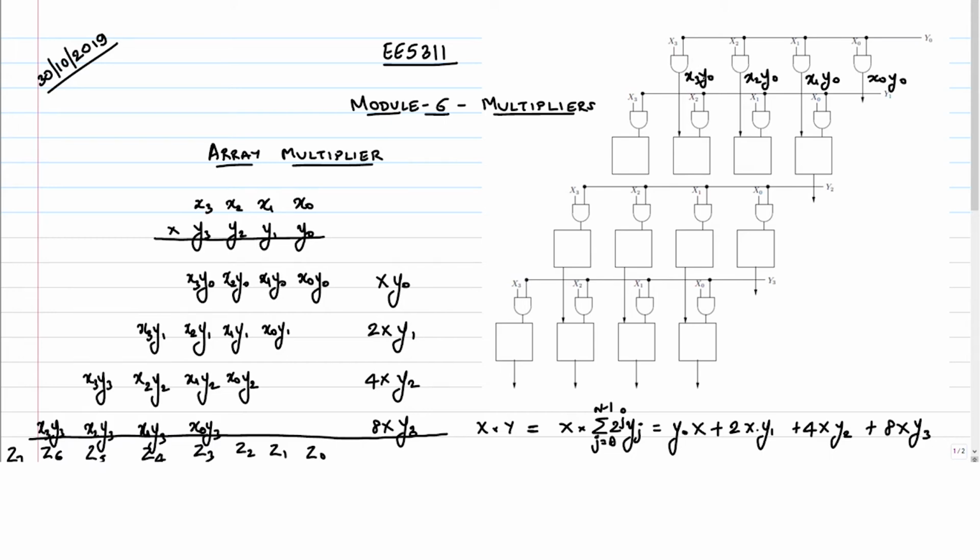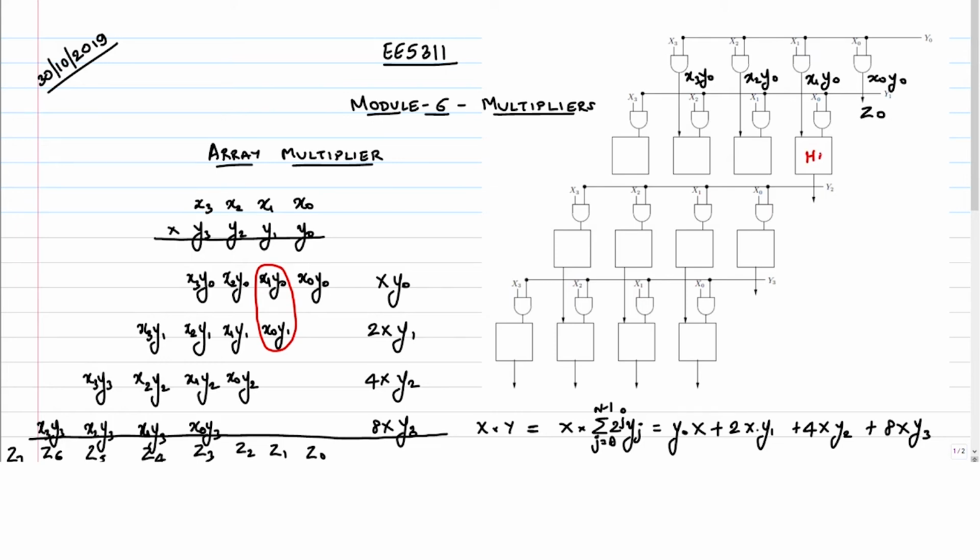First of all, where is Z0? This is Z0. Now I need to perform this addition: X1 Y0 plus X0 Y1. What block should that be? Half adder, basically because there is no carry.